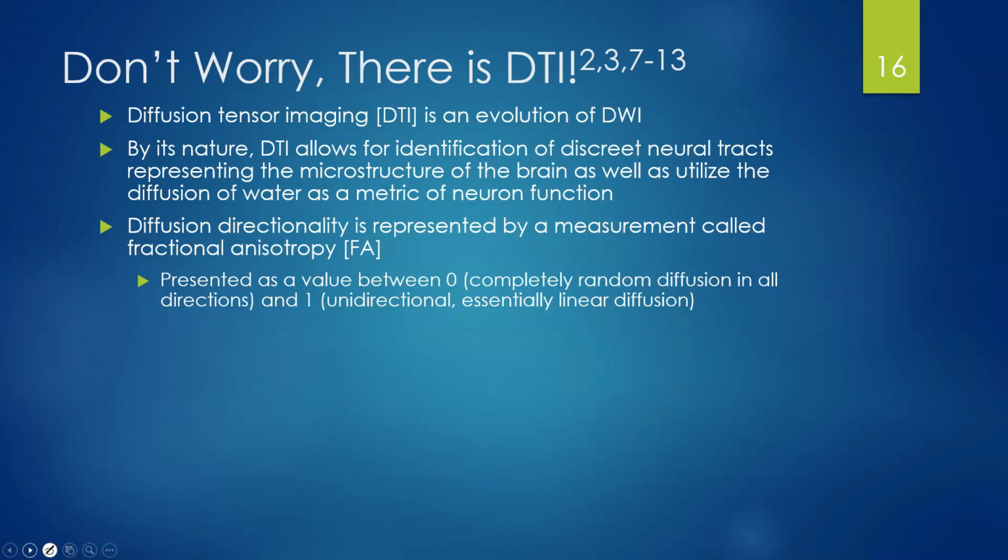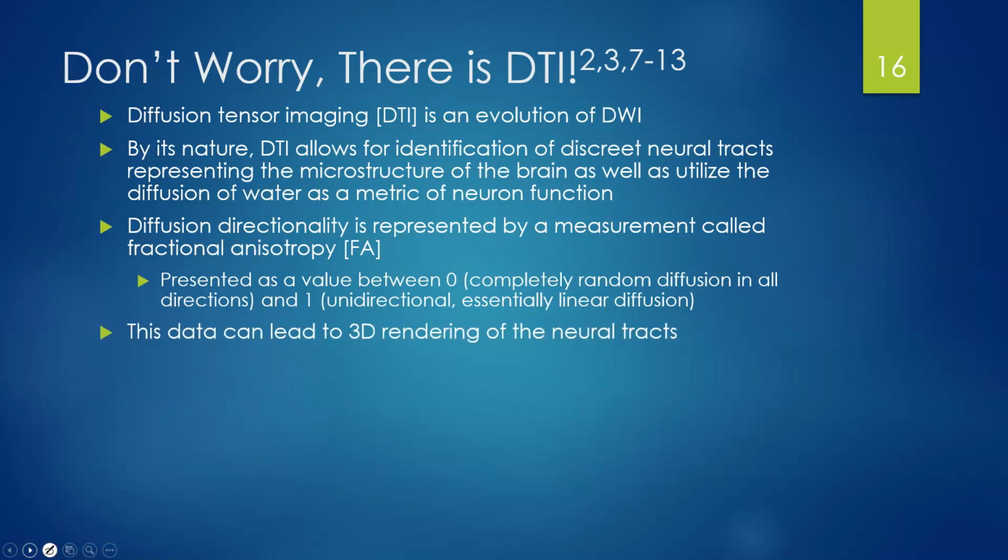To the other extreme, a 1 in FA is like a purely linear movement, which we don't see a ton of in nature, but we can still see a high amount of it, where we can see very, very linear progression of the water.